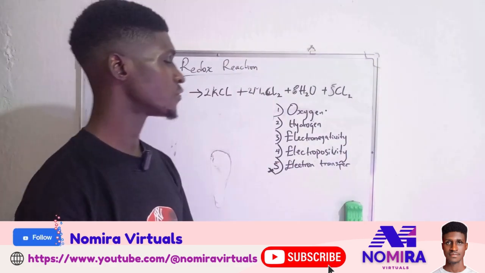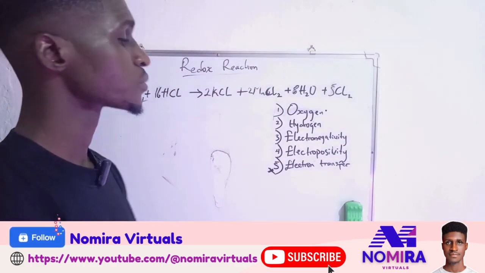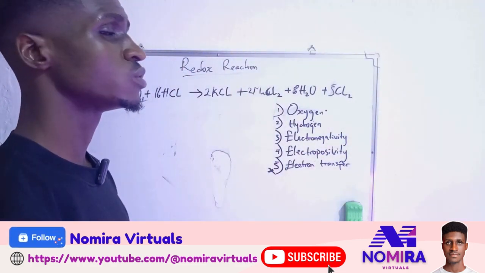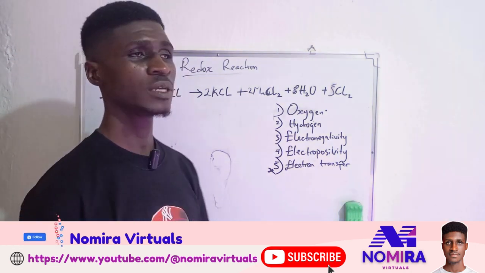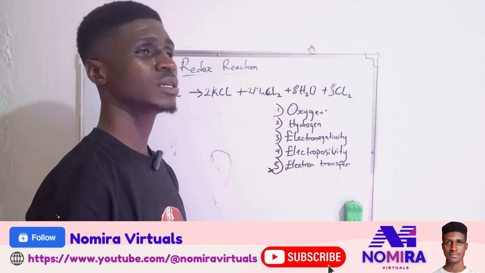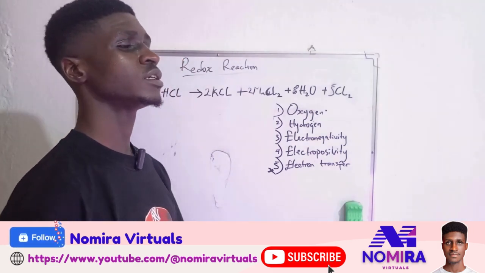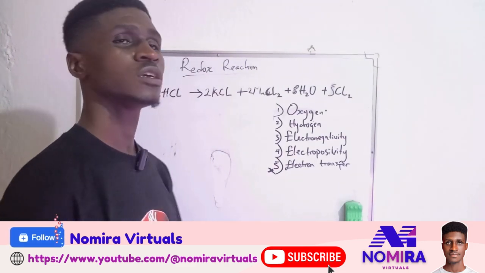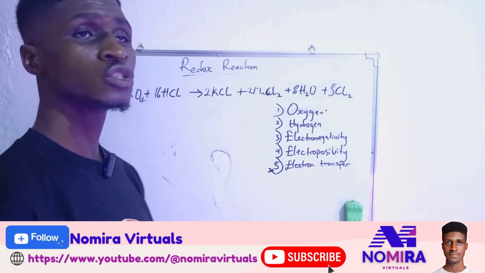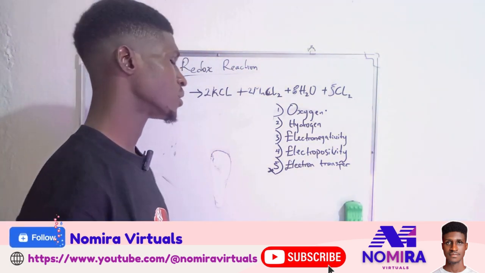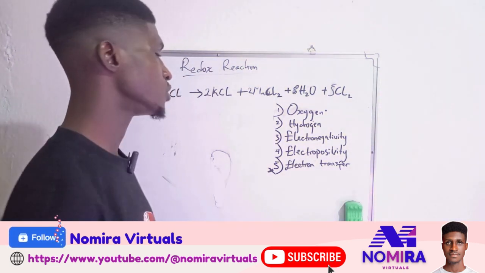Then the third reference is electronegativity, where oxidation will mean addition of electronegative elements. Electronegative elements are elements that, when they gain electrons, become negatively charged. These elements are usually non-metals, apart from hydrogen.